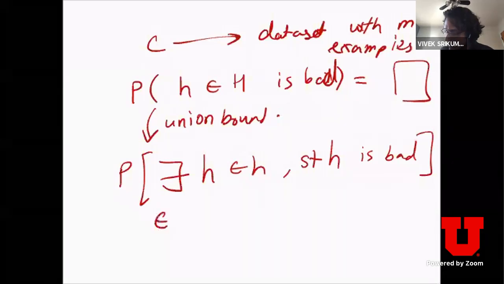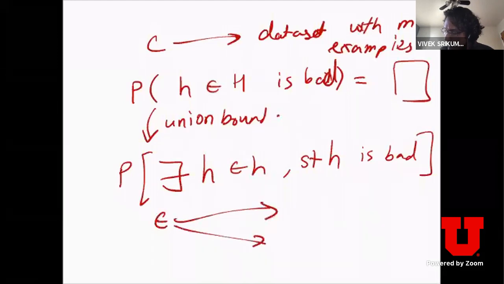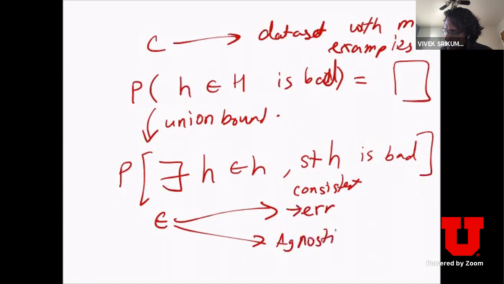So when we talk about epsilon, there are two meanings here. In the consistent case, it's the error. In the agnostic case, it is the gap, in some sense, error D minus error S. In the consistent case, it's just error D because error S equals 0.